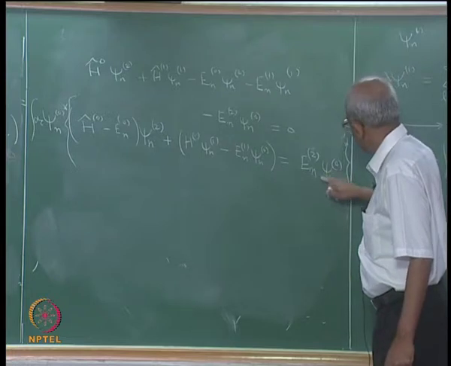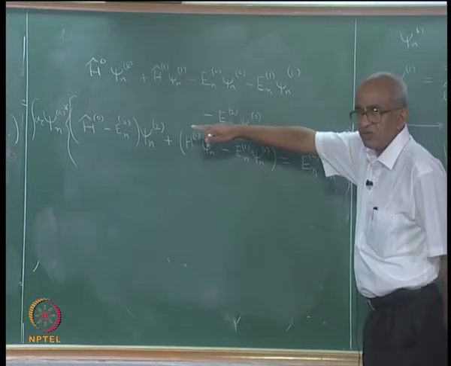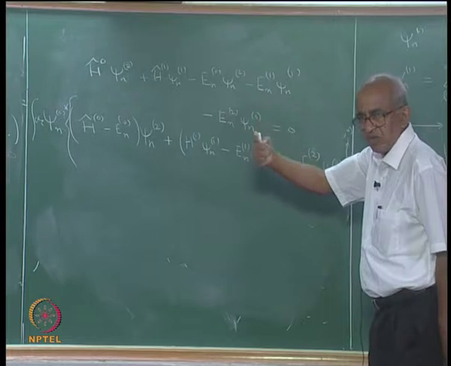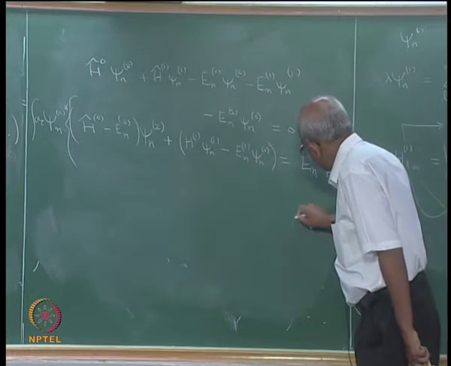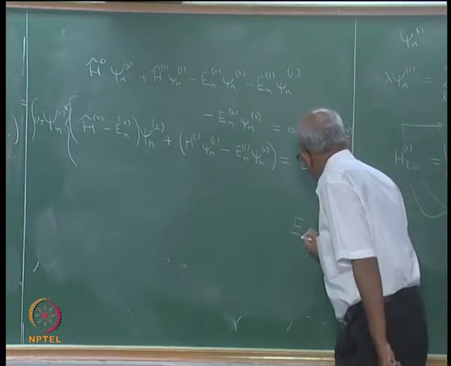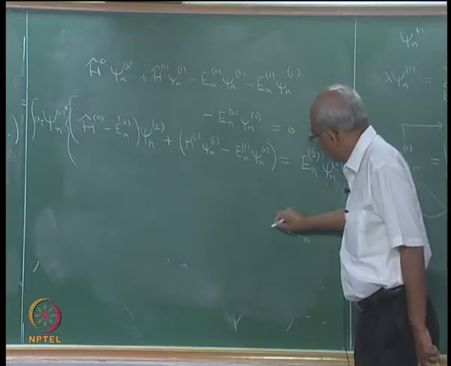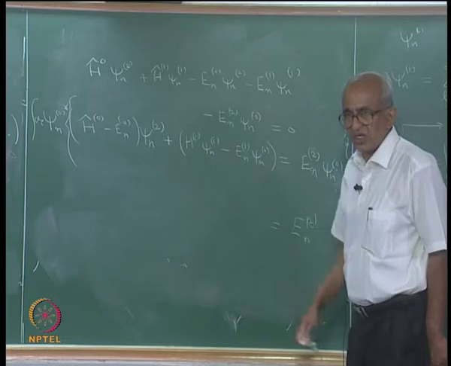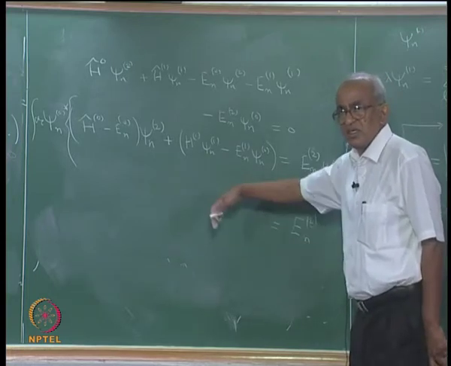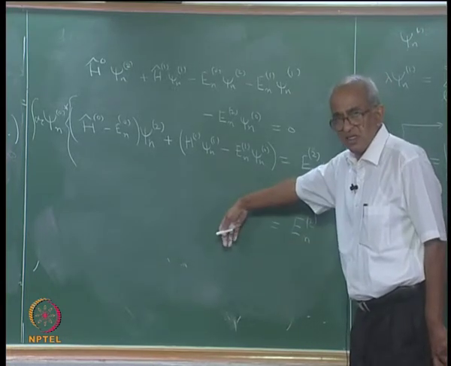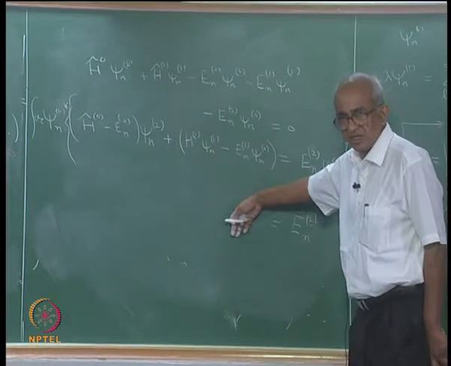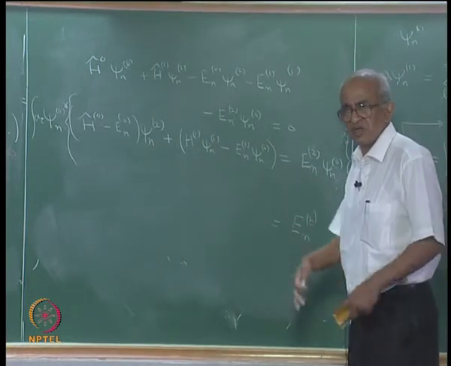If you did that, this factor and those integrals will combine and give me 1. So on the right hand side you are going to get En2, which is the object that I want. In the beginning of the next lecture we will see what the left hand side is, and it will turn out to be rather simple, not a very complicated thing.